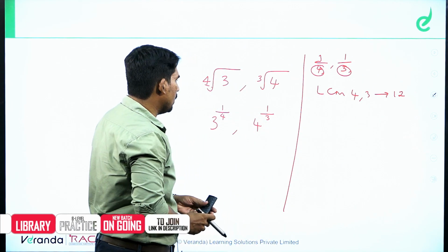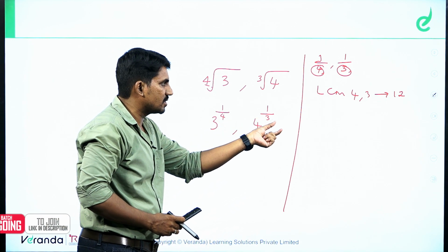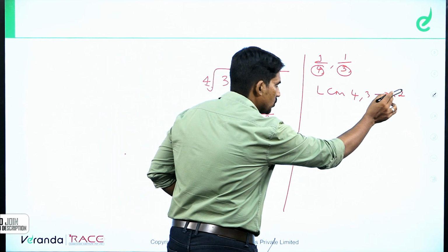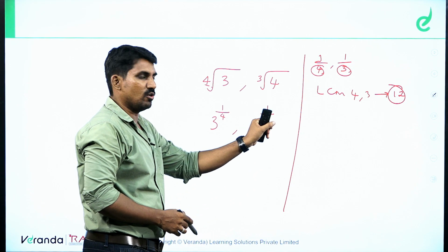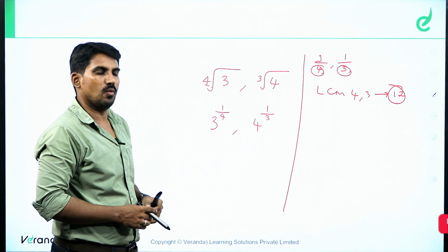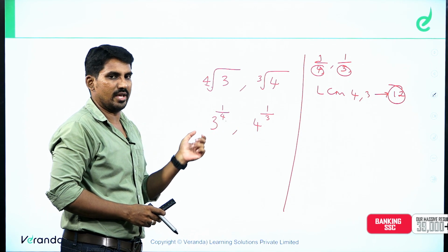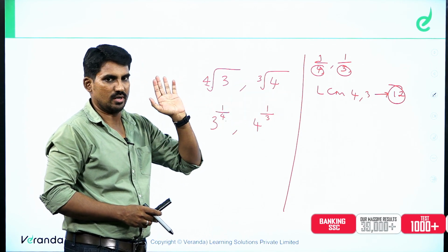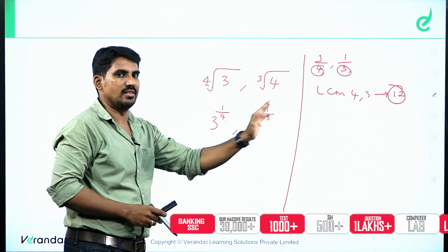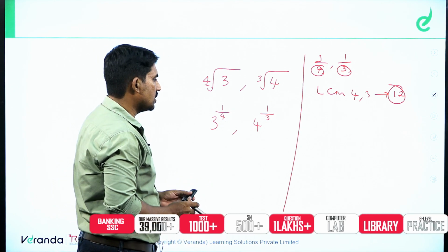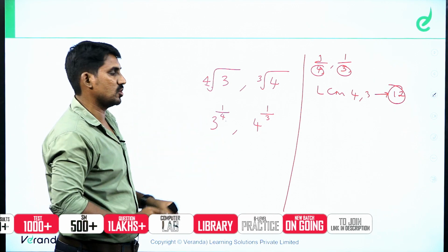Clear? Now we have to make this 4 as 12, and this 3 as 12. We got the LCM 12. When we multiply this 4 by 3, we get the LCM 12. When we multiply 3 by 4, we get 12. But they are in fraction, so denominator alone we can't multiply, numerator also we have to multiply.